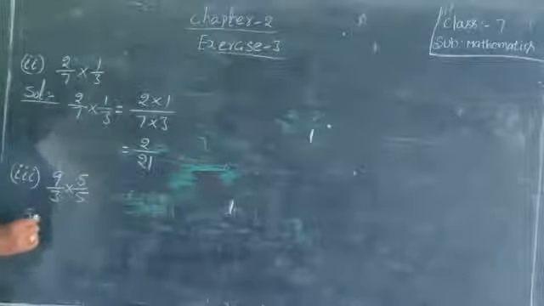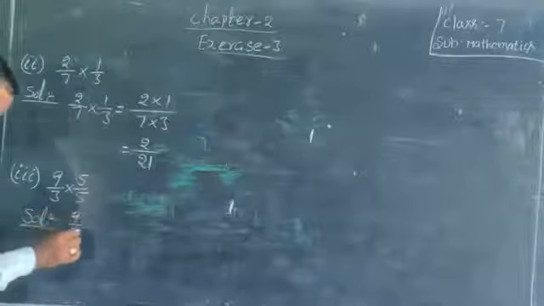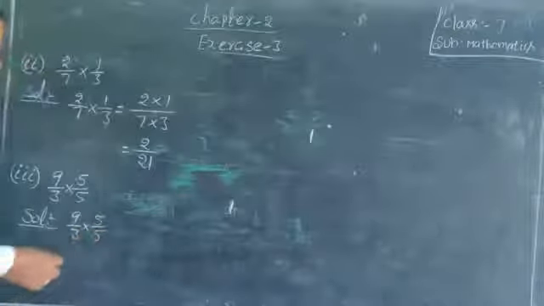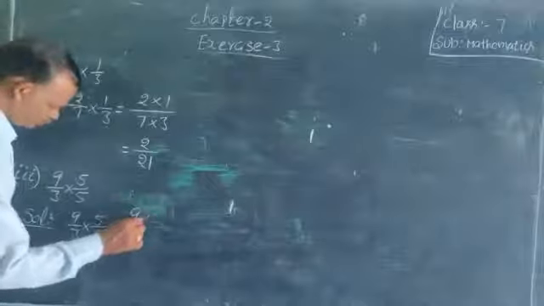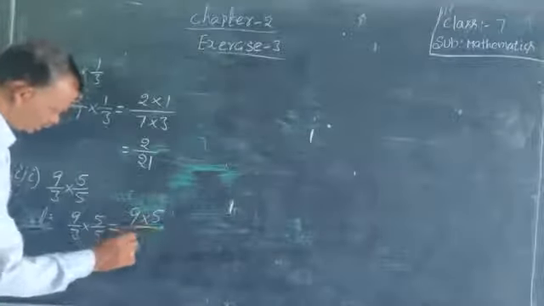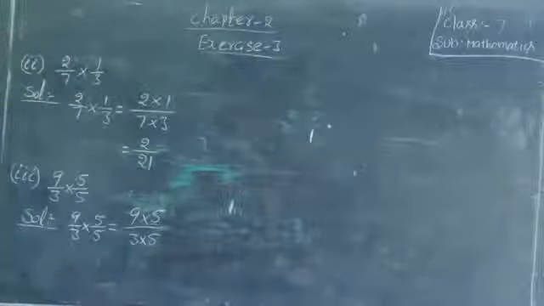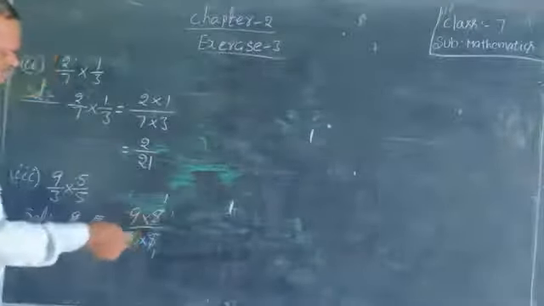Solution. 9 by 3 into 5 by 5 is equal to 9 into 5 by 3 into 5. So we can calculate that with the table. 5 1s are 5, 5 1s are 5.